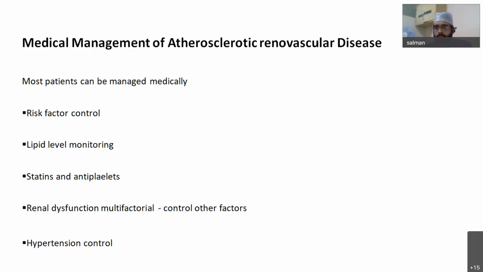The level of BP which is considered acceptable in a patient should be less than 140 systolic by 90 diastolic, or if there are associated factors like diabetes or renal dysfunction, then the threshold comes down to 130 by 80. In hypertension control, again, lifestyle modifications like reduction of salt in the diet, reduction in alcohol intake, and stress control play a very important part.